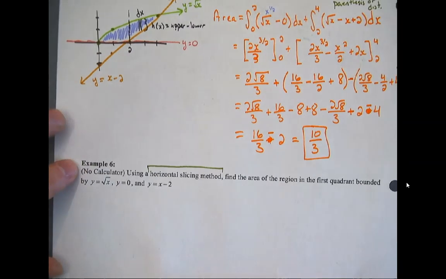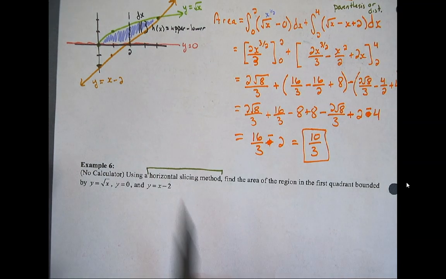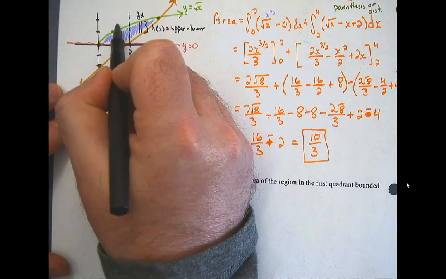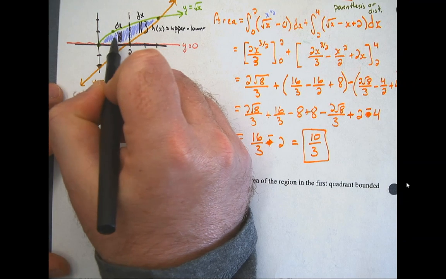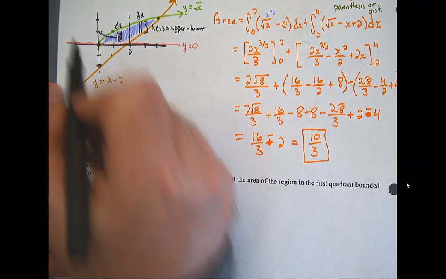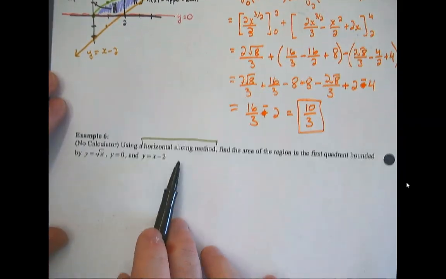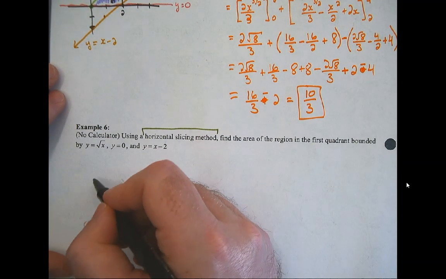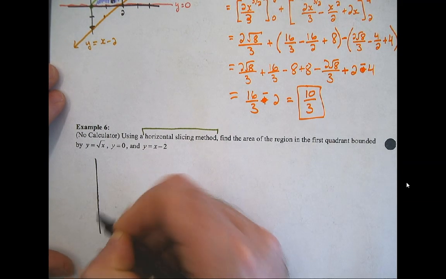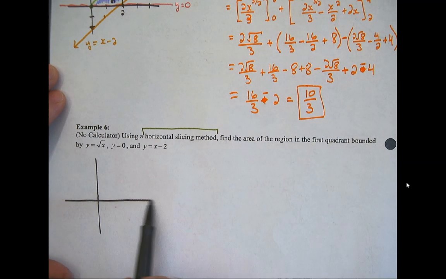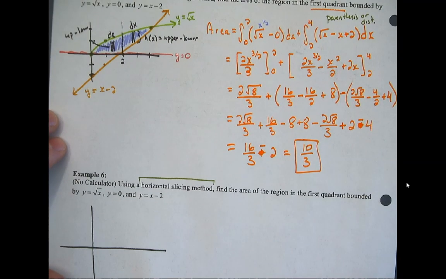Now that changed over time, but that was still the idea, okay? So I would do that over here. This would be dx, and it's still upper minus lower. When I want to do this with a horizontal slicing method, I'm looking at it from left to right instead of up and down.